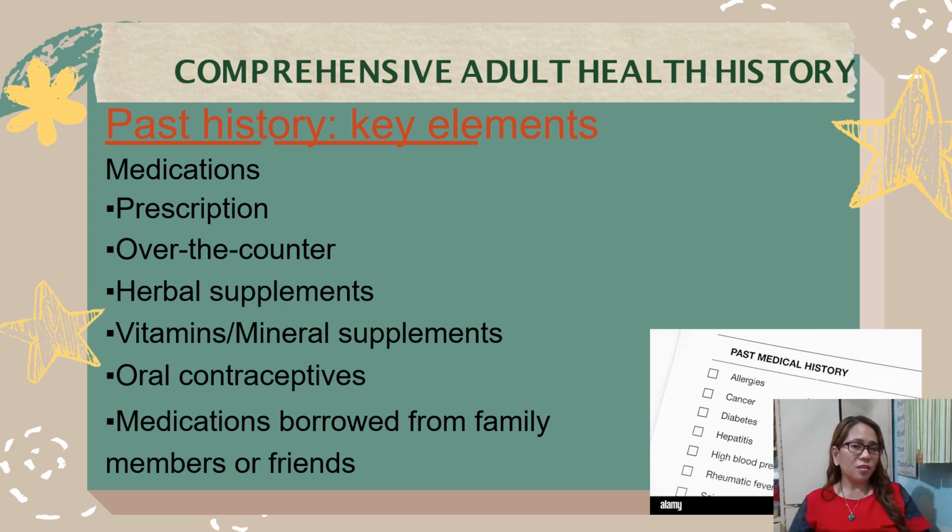Vitamins, minerals, or supplements na kanyang tinitake. Oral contraceptives, meron ba? Medications borrowed from family members or friends, nakiinom siya. Kasi si patient, yung kanyang relatives, meron ding hypertension. So, pareho daw sila ng blood pressure. Kaya nakiinom din siya kung ano yung tinitake ng kanyang kaibigan or kamag-anak. Okay?